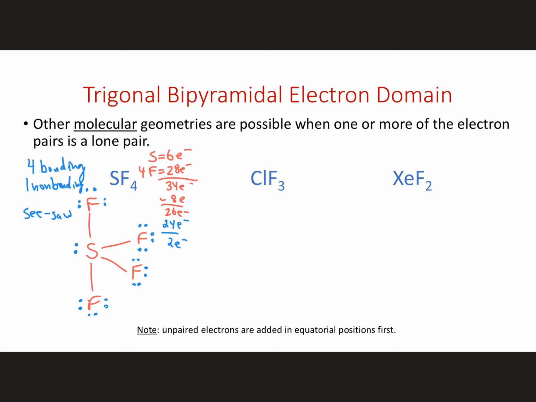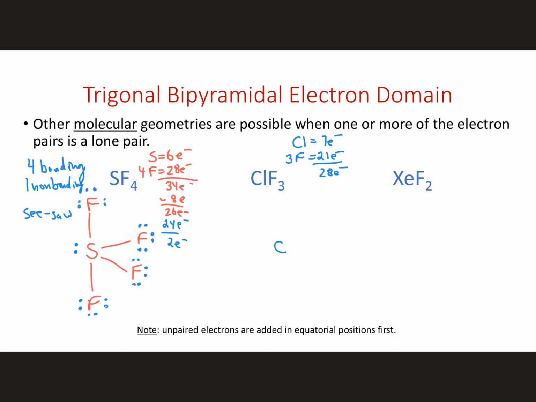For chlorine trifluoride, what would that molecular geometry and electron domain geometry look like? Chlorine has 7 valence electrons, and my 3 fluorines have 7 valence electrons each. That's 21, so 28 total electrons to assign.